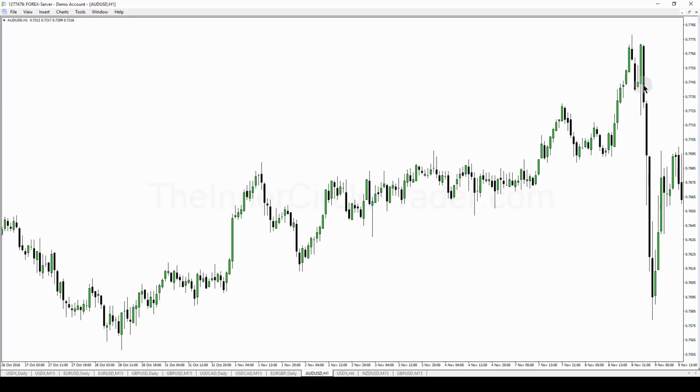Well, above here, we have this range here. And what I'm noting here is this candle's opening, 77.42, and this candle's high coming in at 77 even, big figure.